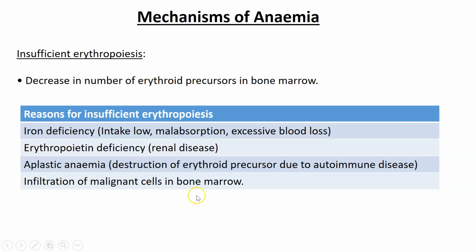They take over, and those malignant cells that originated from the lungs have no property to produce red blood cell precursors. So there's lots of reasons for insufficient erythropoiesis.